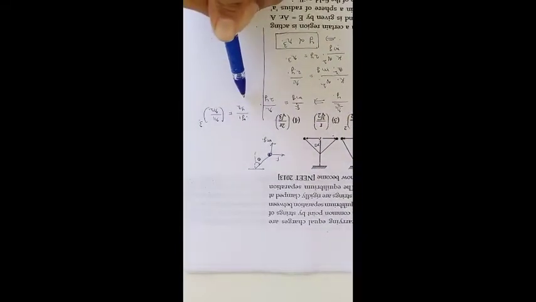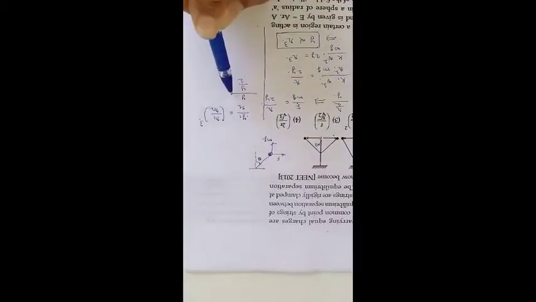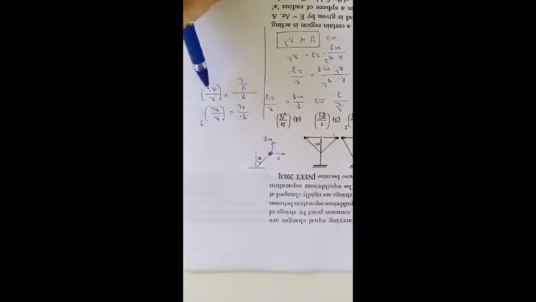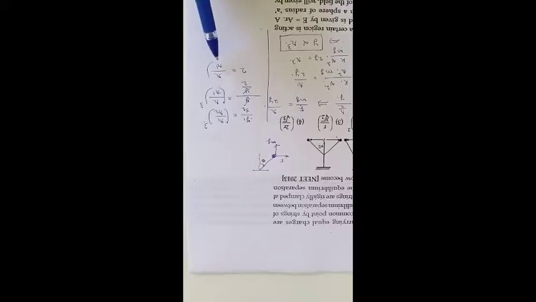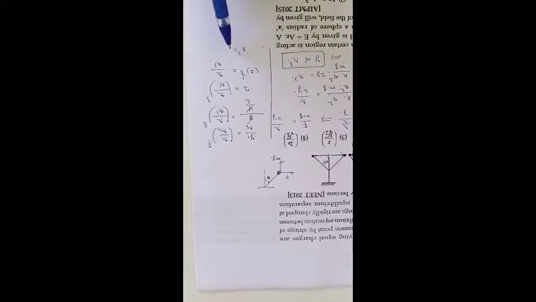So y1 value will be y, y2 value will be y by 2, r1 value is r, r2 value is r dash whole cube, y will cancel. 2 is equal to r by r dash whole cube. 2 power 1 by 3 is equal to r by r dash. Then r dash is equal to r by 2 power 1 by 3.